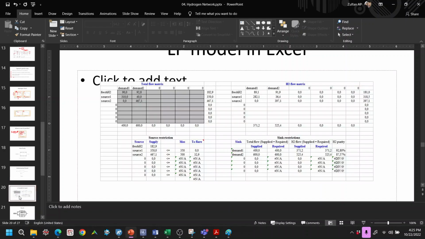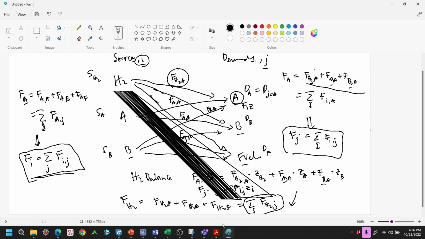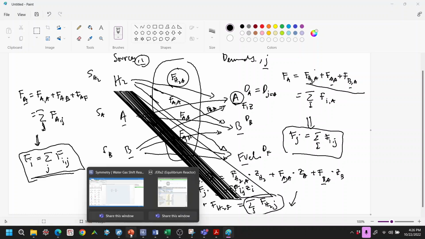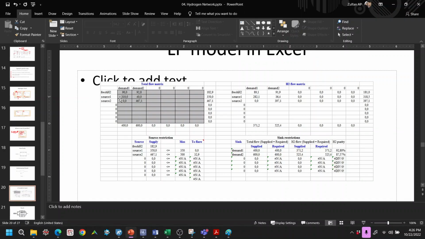The linear programming. So what I put is what we don't know. What we don't know is the whole thing over here, right? The amount of hydrogen flow that goes from A to B to fuel, from hydrogen to A to B to fuel. All of this we don't know. So I put it over here, for example.